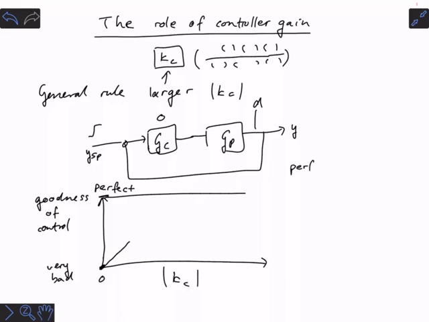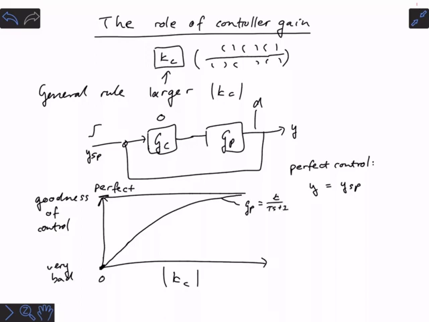Perfect control means that y is equal to YSP. That's the definition of perfect control. When I change YSP, immediately the controller gets there. And what we've seen is that perfect control is actually achievable in the limit for GP equal to some kind of permutation of a first order system.